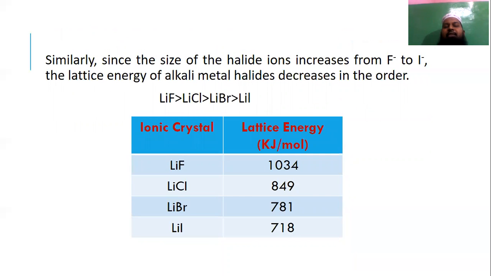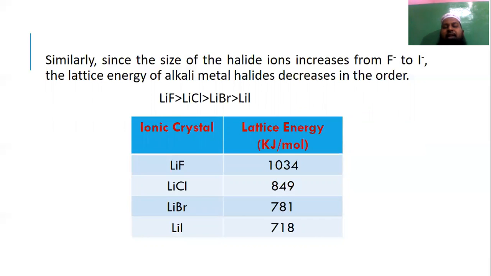Similarly, since the size of the halide ions increases from fluoride to iodide, you can see the table: lithium fluoride, lithium chloride, lithium bromide, lithium iodide. The lithium cations are the same, the anions are different.